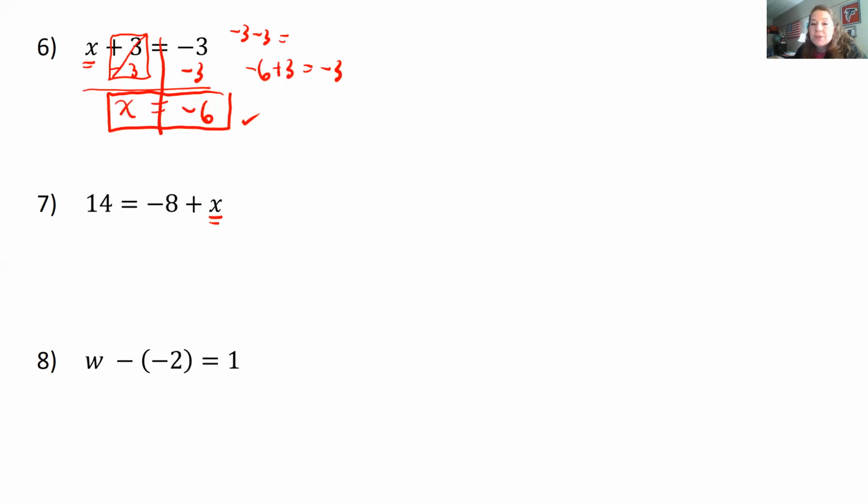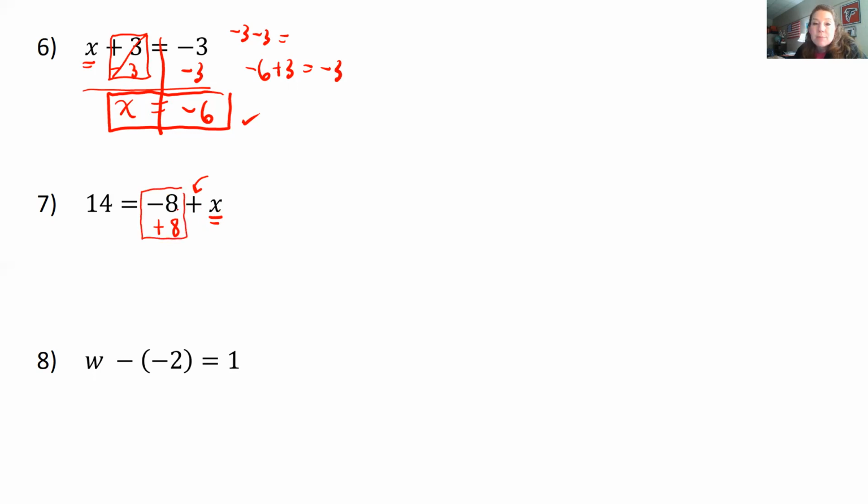So go to wherever your x is, and you want to get x by itself. Well, how do I cancel out a -8? Well, the only way to get rid of a -8 is to add 8. So even though I see a plus sign right there, I don't need to do anything to x. I just need to get rid of what's on the side with x.